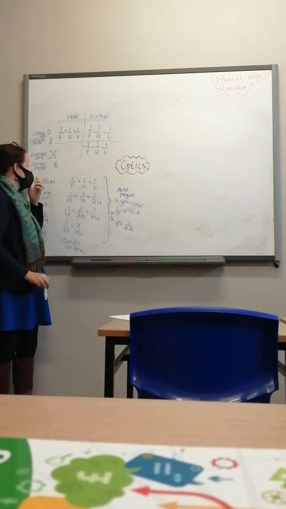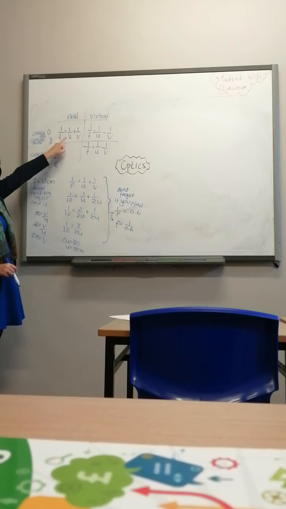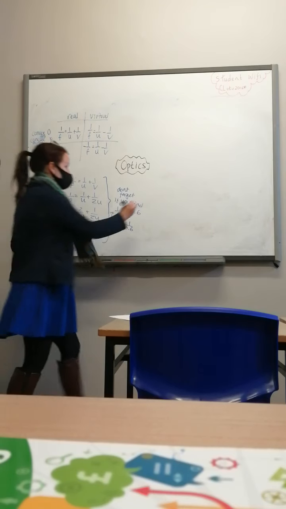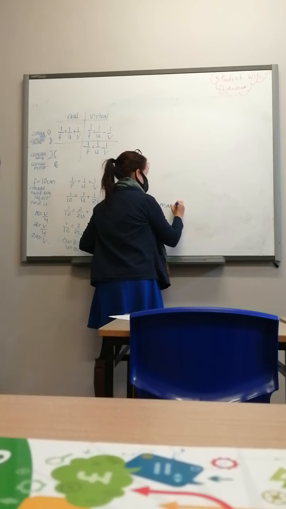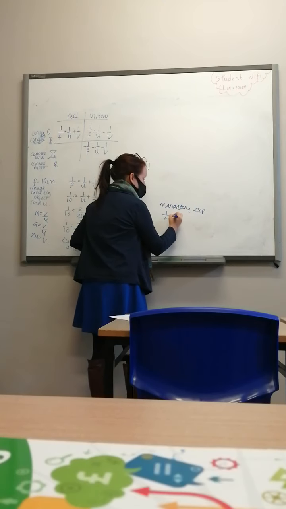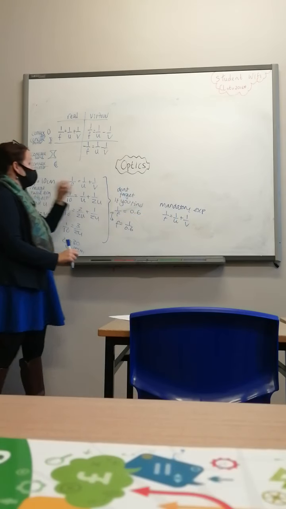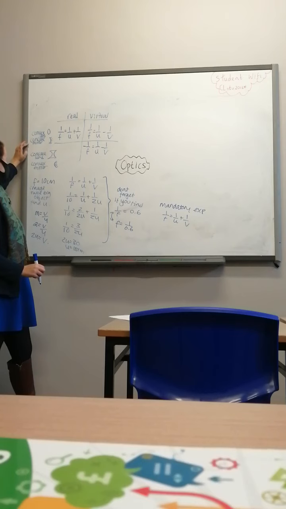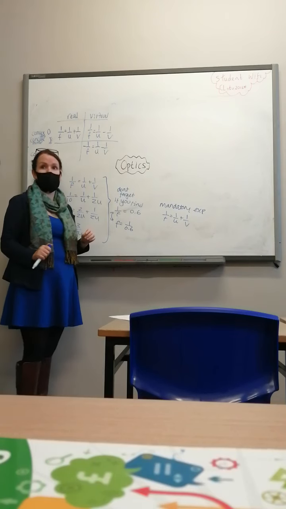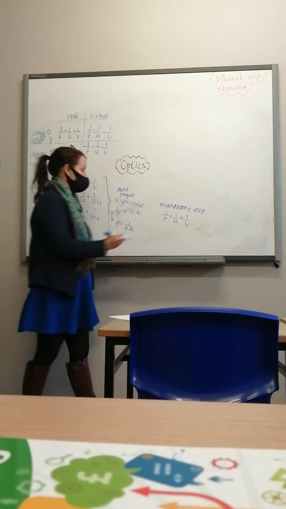Okay? In the 2 mandatory experiments that use this, they use the plus version: 1 over f is equal to 1 over u plus 1 over v. That's the version I'll be using for both the concave mirror and the convex lens. So 2 different experiments, but your sources of error are the same for both of them.